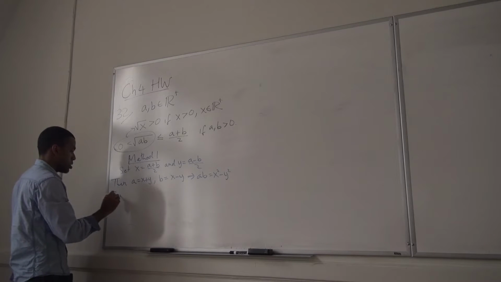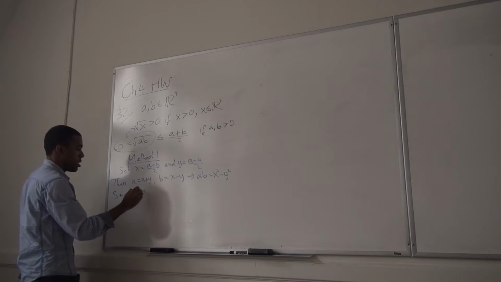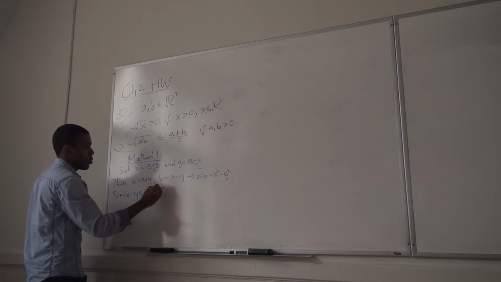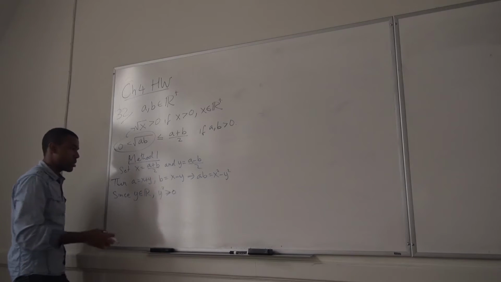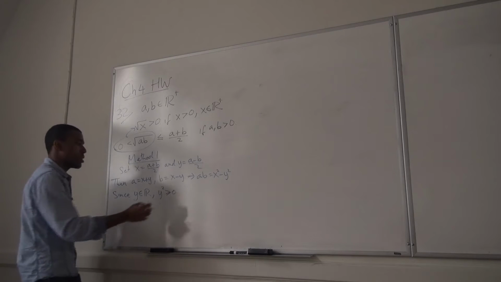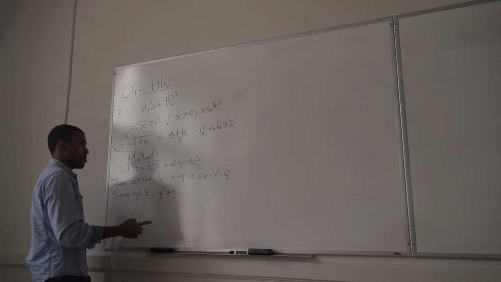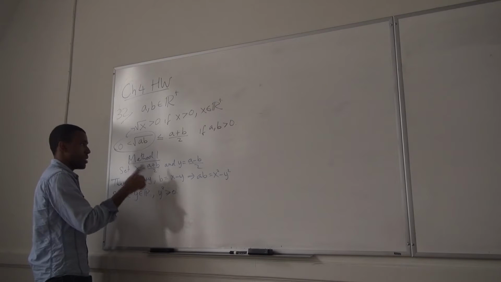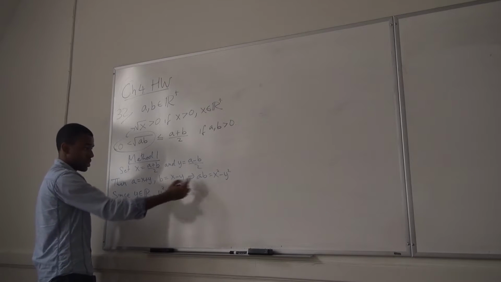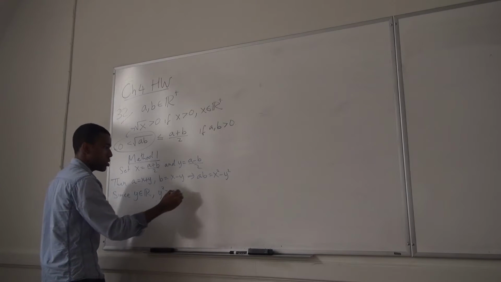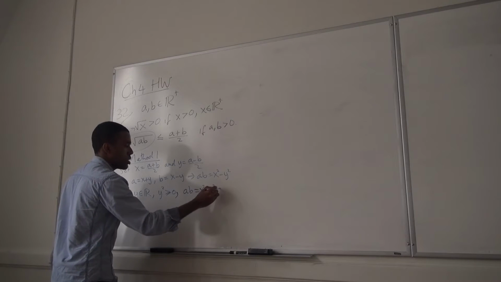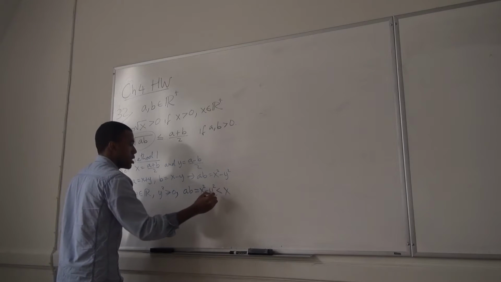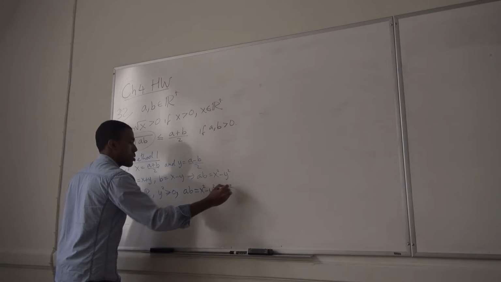Since y is in R, y squared is greater than or equal to 0. I would have used this fact and then done something, but I'm going to use this fact in a different way. So since y squared is greater than or equal to 0, you know that ab equals x squared minus y squared is less than or equal to x squared.